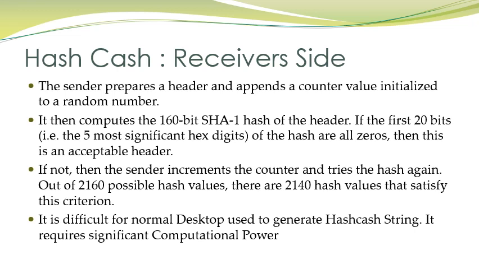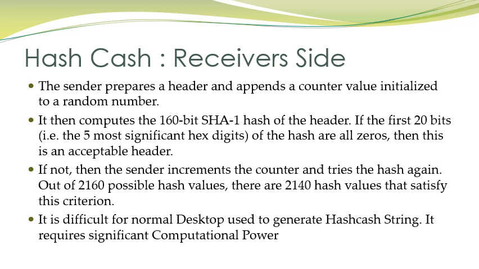For a normal desktop machine, a normal laptop, it is difficult to calculate this hash stamp, because this requires a significant amount of computational power. A normal node doesn't have this significant computational power, so a normal desktop cannot calculate this hash stamp. So this is a very simple mechanism.